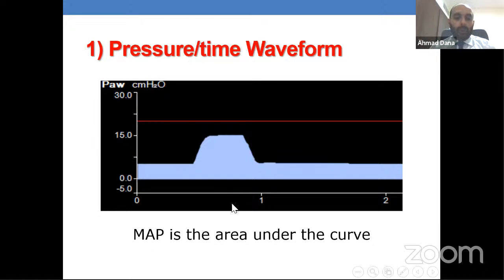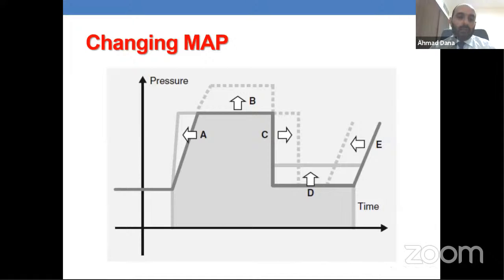The mean airway pressure. So we know that if you want to increase the oxygenation, part of it is to increase the MAP. So how to increase the MAP here? Let's go to this diagram to make it easier. If you want to increase the MAP, you do certain steps here.